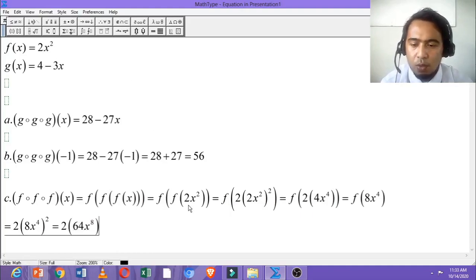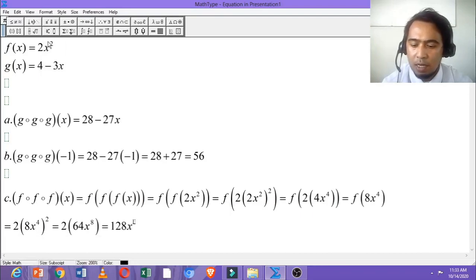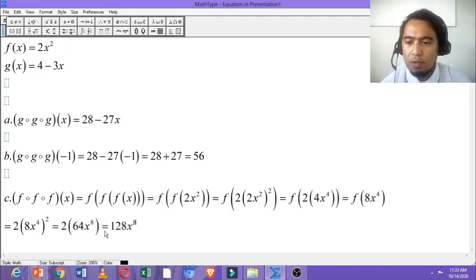Then you multiply it by 2. 64 times 2 is 128 times x raised to the power of 8. So it is now the answer for letter C.